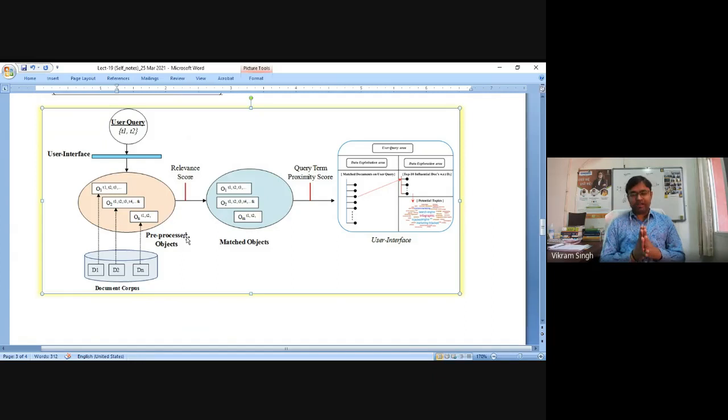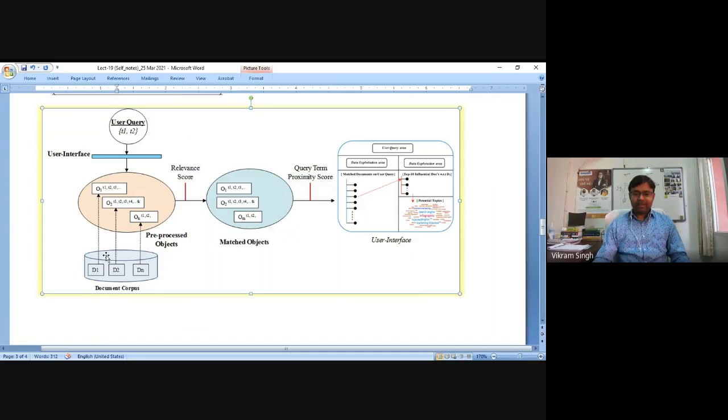So you can also derive some sort of analogy of this model with the retrieval process, with the retrieval model also, where you can see at the first level, we are trying to retrieve the objects based on some similarity mechanism. All the data objects have been placed in the document corpus D1, D2.